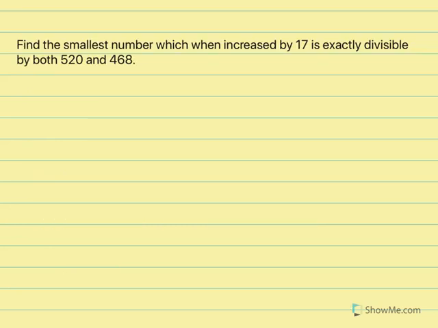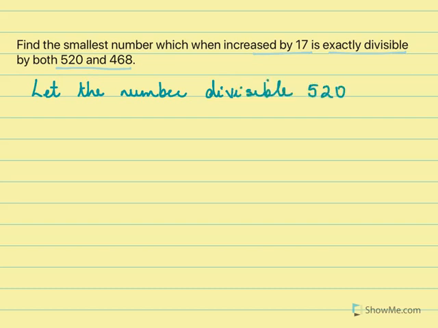Find the smallest number which, when increased by 17, is exactly divisible by 520 and 468. So we'll say let the number be x. Let the number divisible by 520 and also divisible by 468 be x.